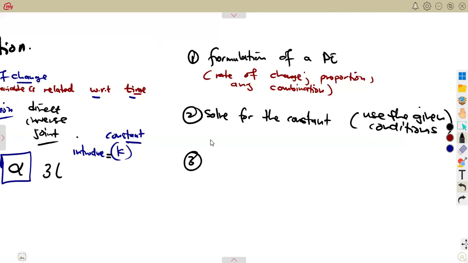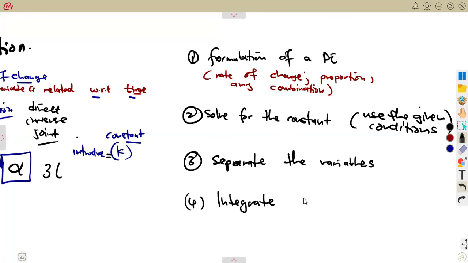Then also, we're going to need to solve by separation. So you need to separate the variables so that you'll be able to integrate. In the integration, you are working with both sides. Remember, when you are separating variables, you are letting the part of y be with y and what is of x be with x.